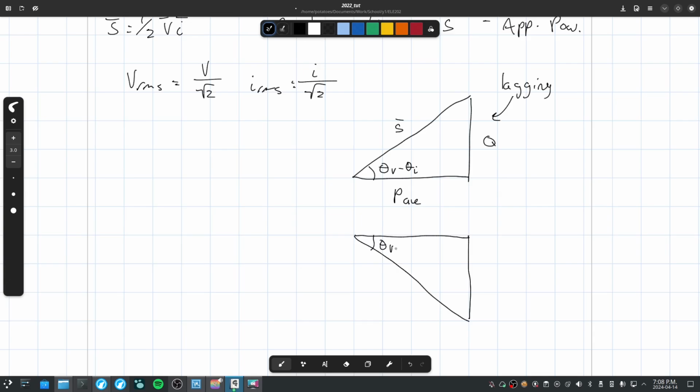So this is theta V minus theta I. This is P average, lagging, where theta V is greater than theta I. This is Q, and this is S. This is leading, where, I'm sorry, theta I is greater than theta V. So those are the power triangles.